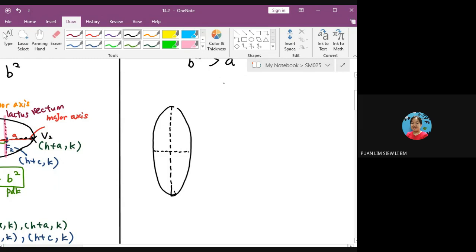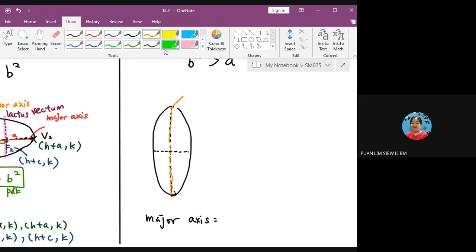Alright, so the first thing I will have will be major axis. So how to calculate your major axis? Just like just now, the orange color one. So the orange color now, we call it major because this is the axis that paling panjang dalam ellipse.